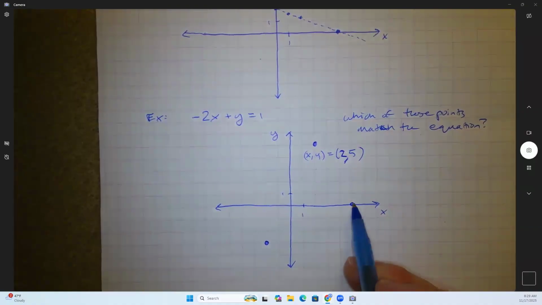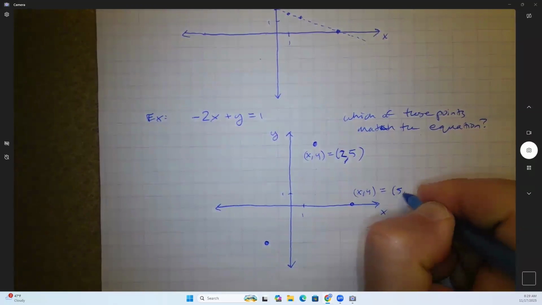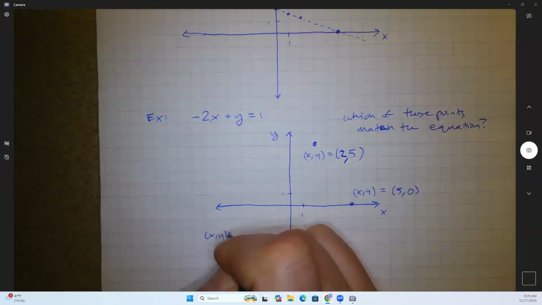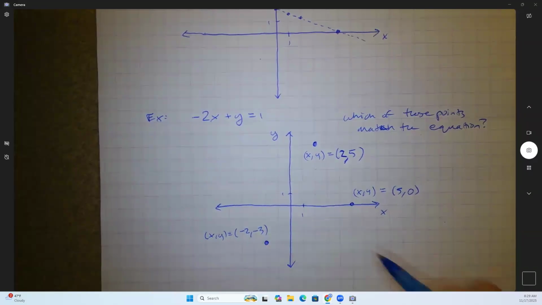The second point over here on the right, x is 5 and y is 0. I'm on the x-axis, so the y coordinate has to be 0. And then this point down here to the left, x, y equals, looks like it's -2 comma -3.